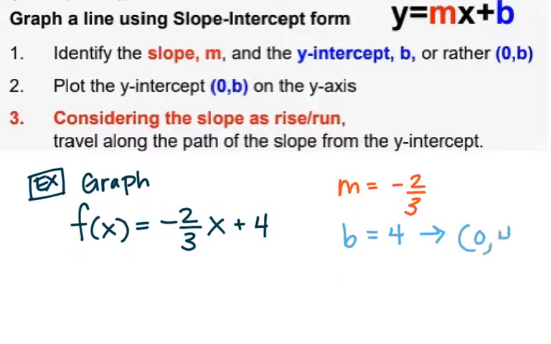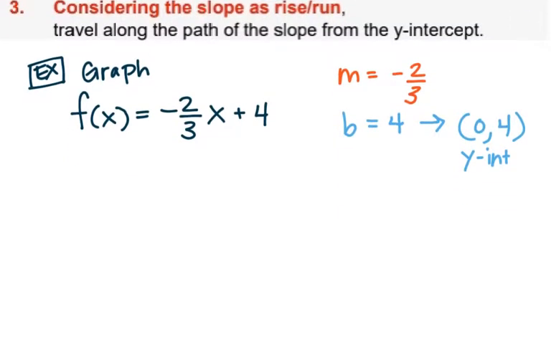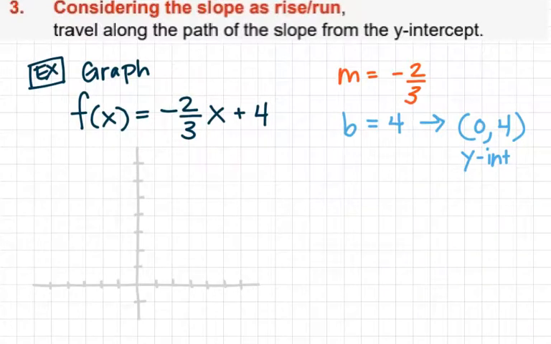So (0, 4) is my y-intercept, one point that I can plot on my graph. Then we'll use the slope, as rise over run, to determine another point off of the y-intercept. The first thing I'll do is plot that y-intercept along the y-axis. I'm going to count up to positive 4 and mark a point.